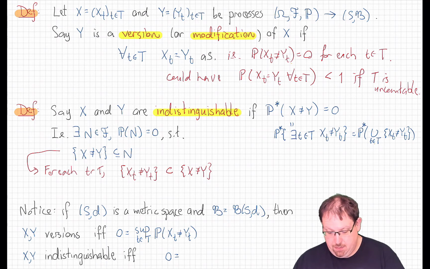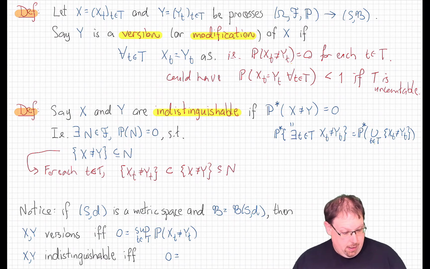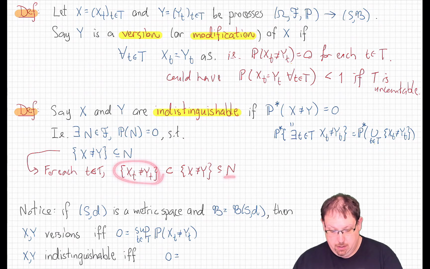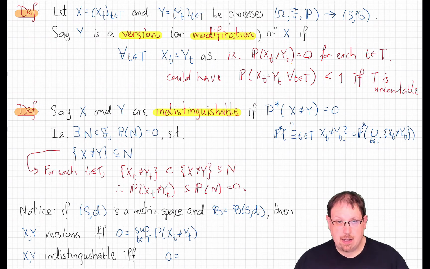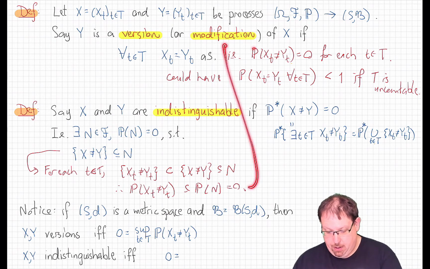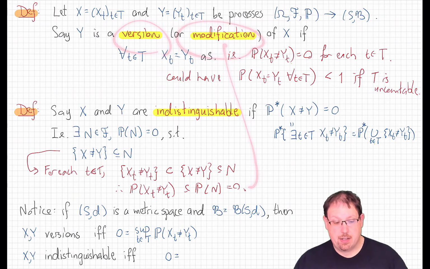Because this is the event that there exists some time where they are not equal, and here we're saying, well, the particular time t is one of those examples. So if x and y are indistinguishable, that means that this is contained in a null set, which means that this, which is a measurable set, is null. And that is to say that x and y are versions or modifications of each other.